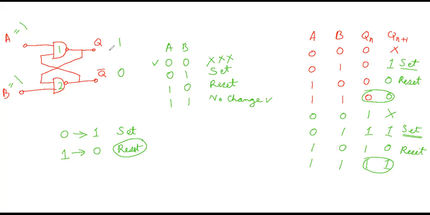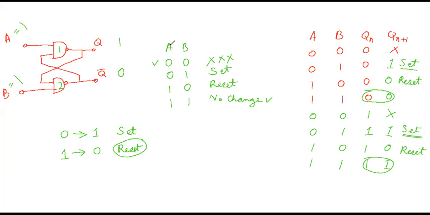Okay? Now, just to remember, as I already said, a 0 at A will set the circuit, and a 0 at B will reset the circuit.